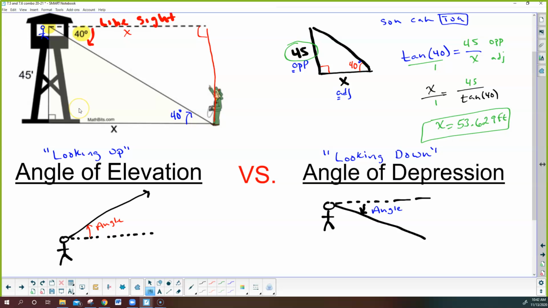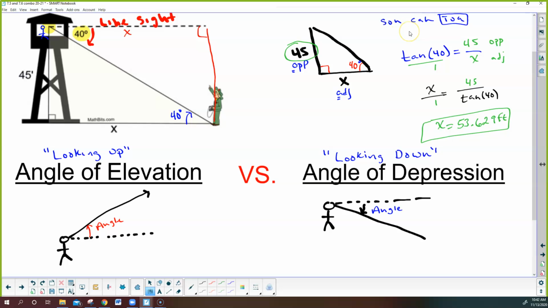So my hopes were that throughout all of this, we eventually learned how to use Soh Cah Toa. We learned how to solve it, but more importantly, you figured out why. Why are we doing this? It's more than just setting up ratios. The reason why is because now we can find missing side lengths when we can't use Pythagorean theorem or we don't have a special 30, 60, 90 or 45, 45, 90 triangle.